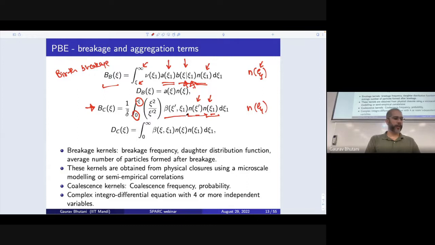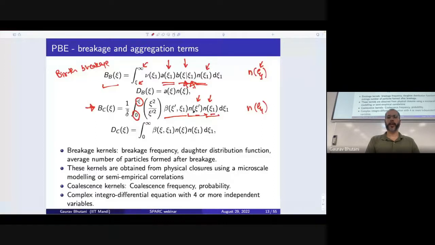Okay. So it depends on the number density of the combining particles and particle sizes. It also depends on a coalescence frequency. Again, that depends on the physics. If you have a lot of turbulence, that can actually help in coalescence sometimes. Turbulence creates interaction between the phases, and these interactions then result in coalescence.